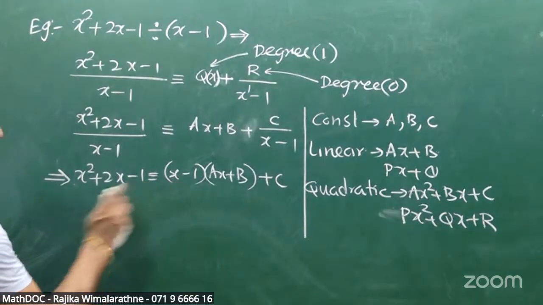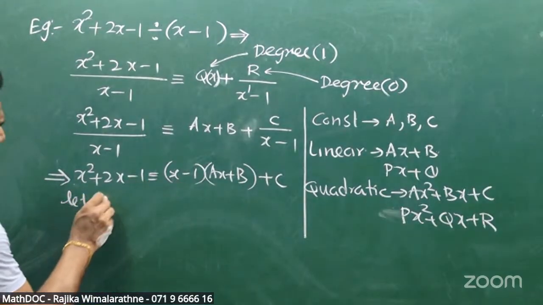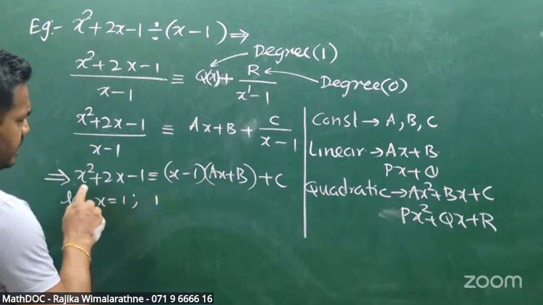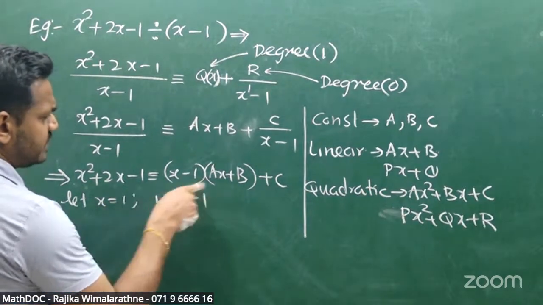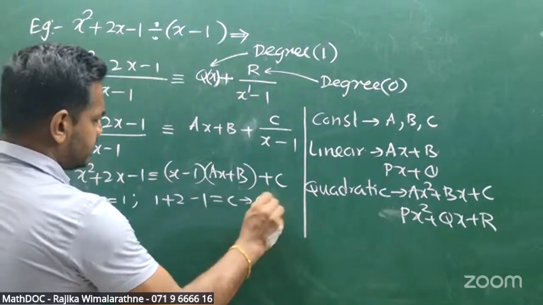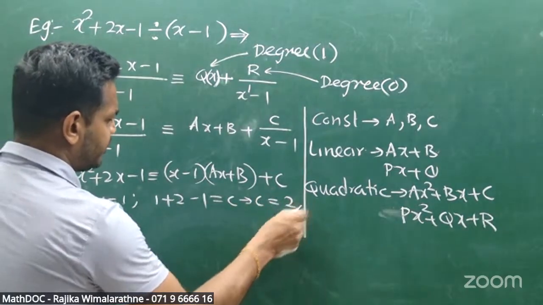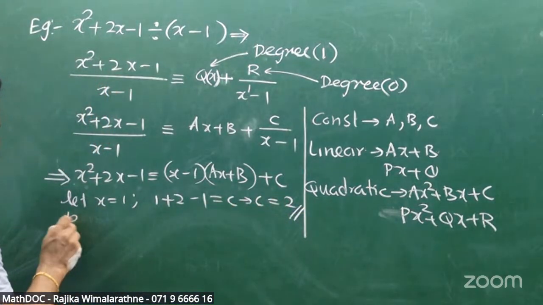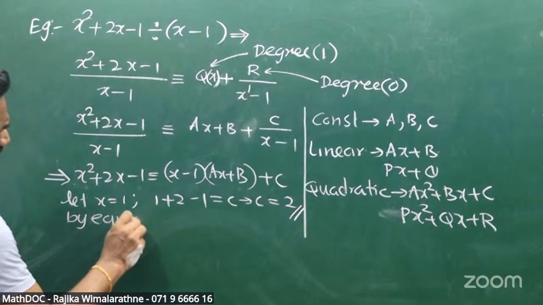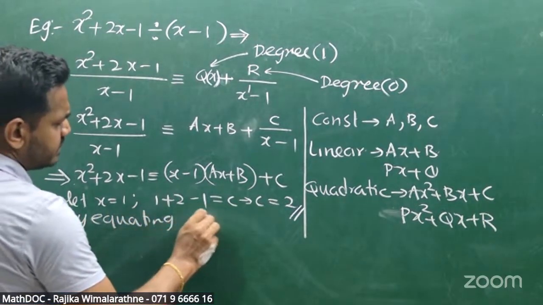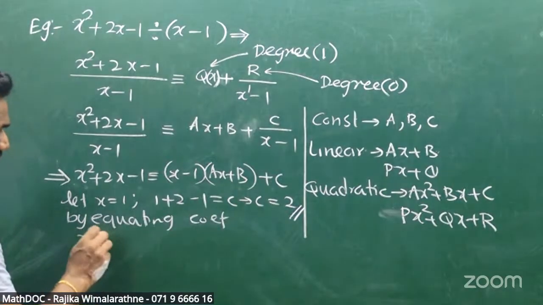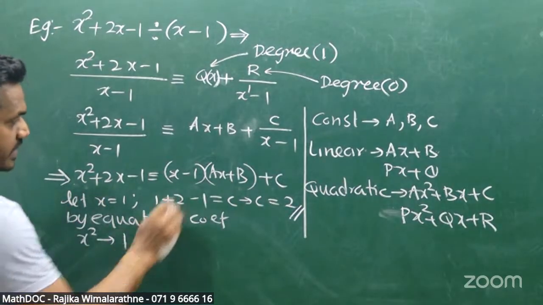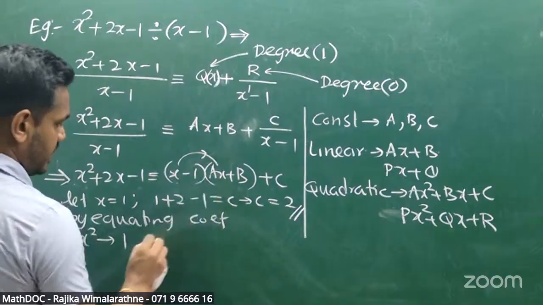Now substitute x equals 1. Here 1 plus 2 minus 1 gives 2, and on the right the bracket is 0, leaving c. Then c equals 2. Then by equating coefficients, take the x squared coefficient first: on the left it is 1, and on the right it is a.